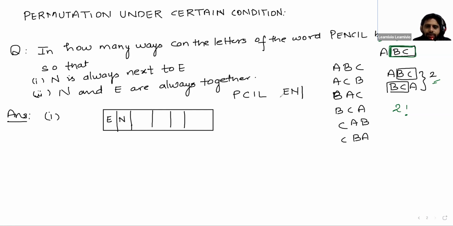We will treat EN as a single alphabet. So we have 1, 2, 3, 4, 5 alphabets. In how many ways can these 5 alphabets be arranged? 5 factorial. Okay, Krishna, is this clear? Yes, sir.